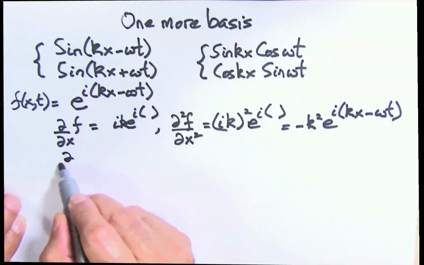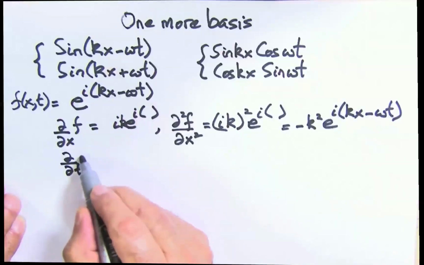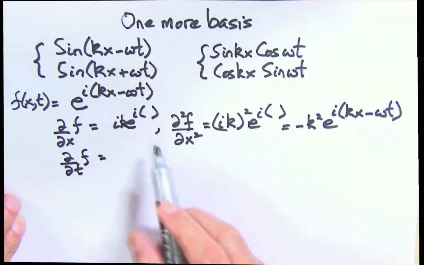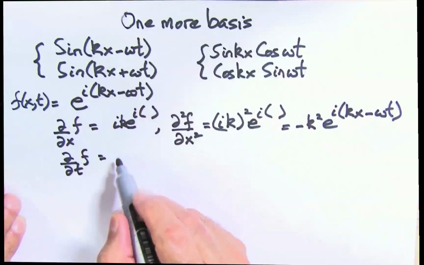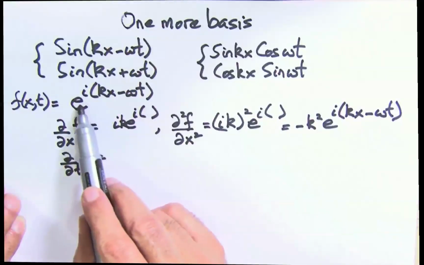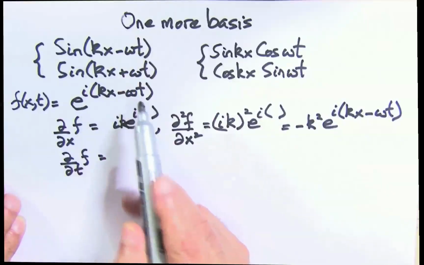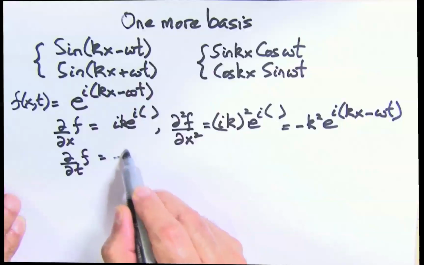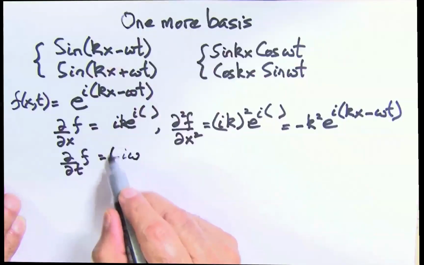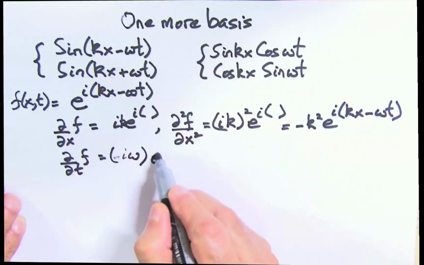Let's take d by dt of f. In that case, the only difference is that, look over here, instead of ik, I would have minus i omega, and then it would be e to the i this.